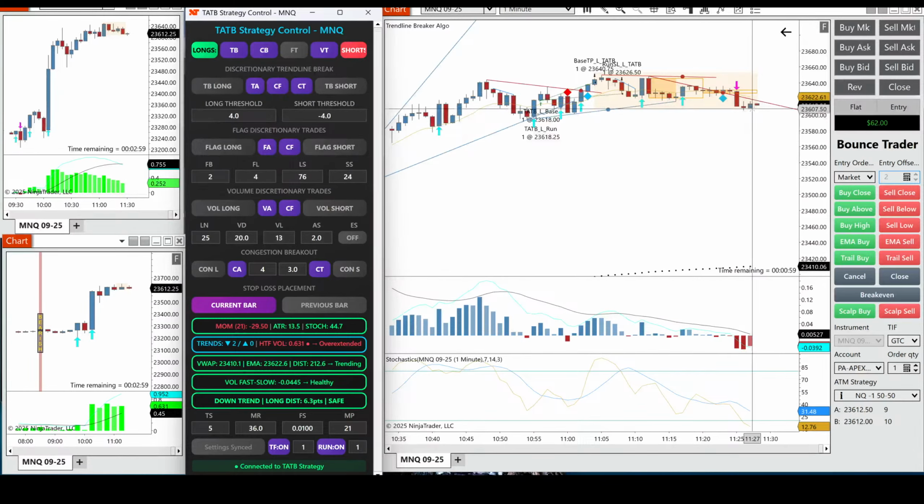So if we break to the high, I think we still have good scalp for these areas. Like if we're not breaking now, I'm canceling it.